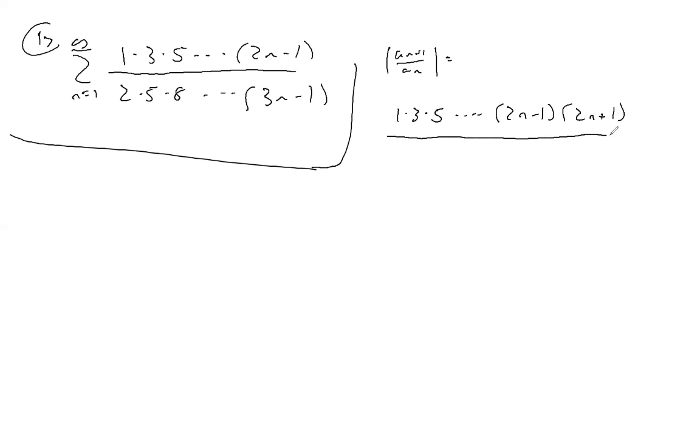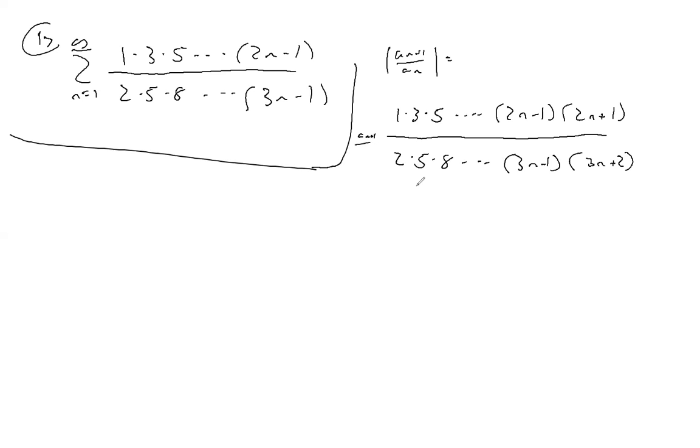And then, okay, what would the denominator be? It'd be 2 times 5 times 8, blah, blah, blah, 3n minus 1, and then I'd plug in the n plus 1, and after simplifying, I get 3n plus 2, right? So this is just an plus 1, okay?